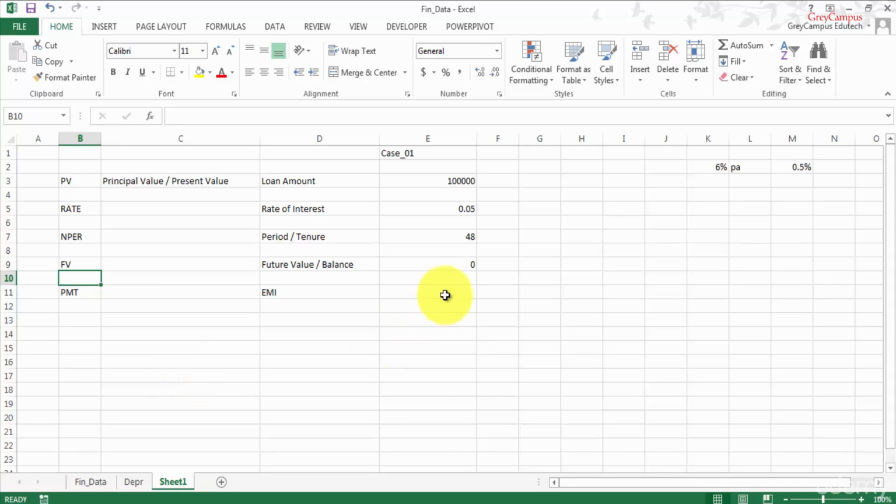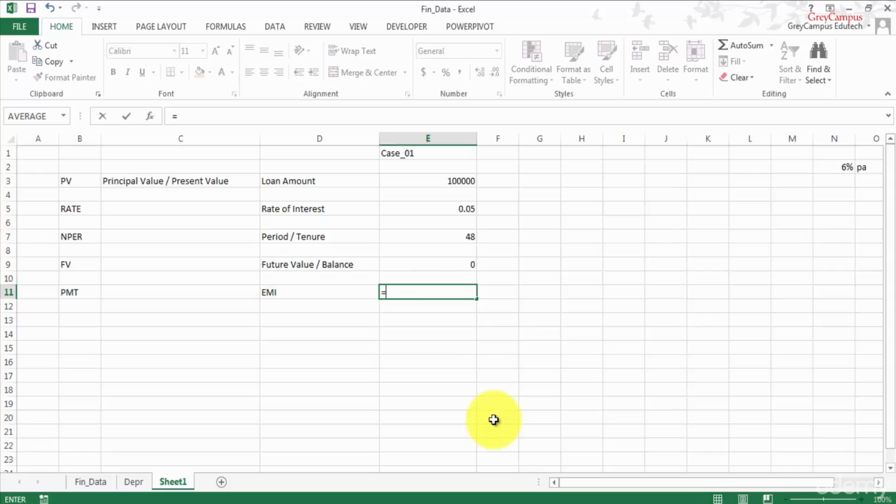So if I want to calculate the EMI at any given time, we will come to this particular cell and say equal to PMT. We have just seen that this function is termed as PMT. That's why we are using the function called PMT here.